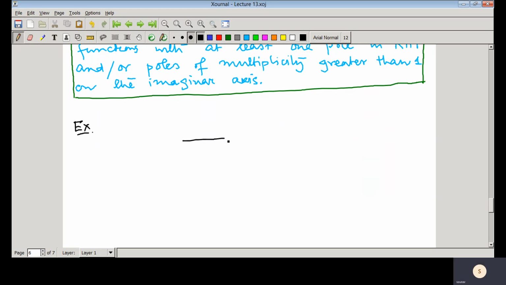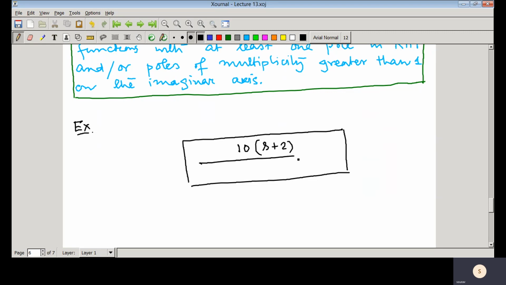Suppose you have a plant transfer function G(s) = 10(s+2) divided by s(s+4)(s+6)(s+8)(s+10).